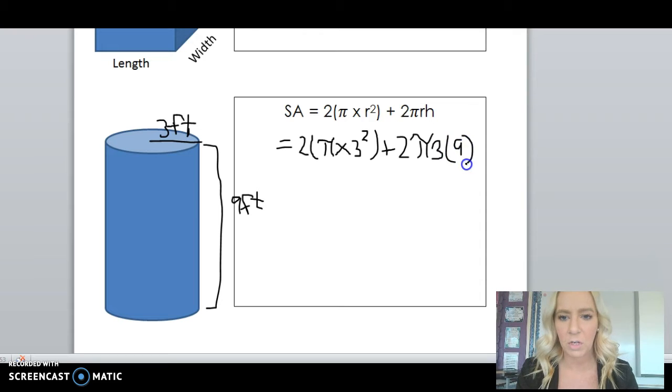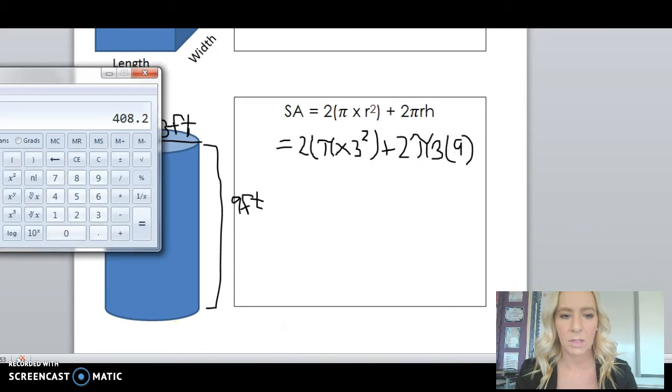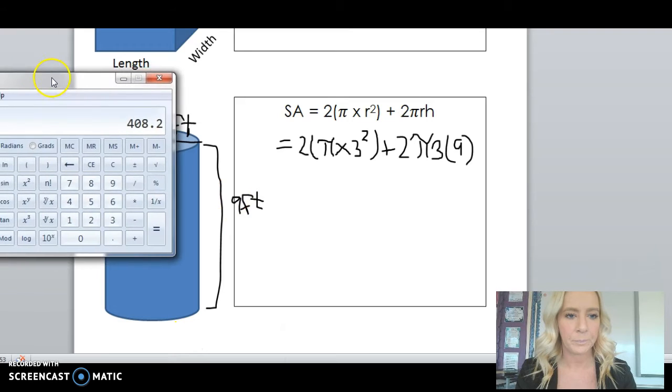Again, I'm going to put these terms in parentheses so that I know to multiply and that it doesn't just look like 39. Alright, so now let's plug these into the calculator.